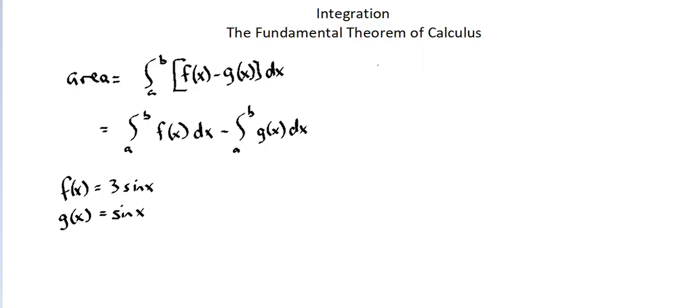So for the range 0 to pi, our first calculation, we're going to have the integral from 0 to pi of the difference between 3 times sine of x and sine of x with respect to x.